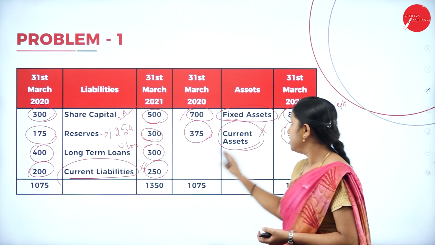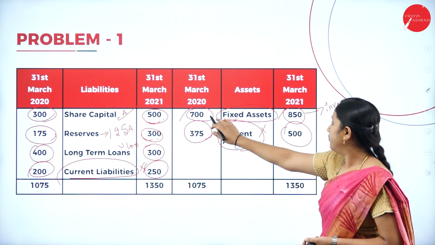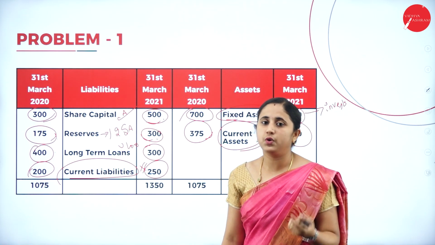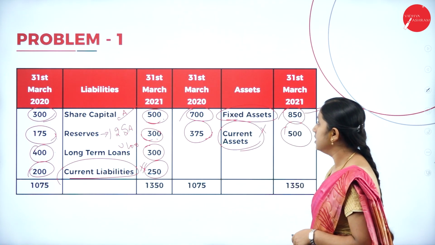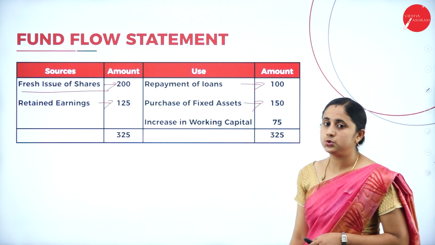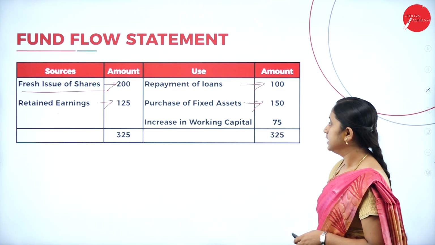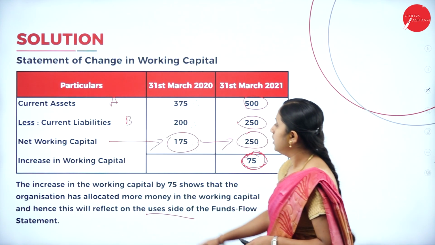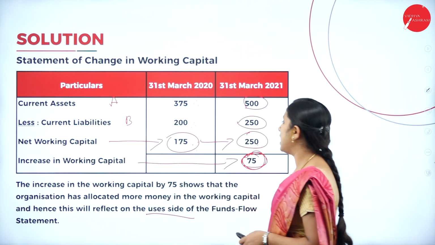From 700 it increased to 850, that means 150 rupees increase. So it comes under purchase of fixed assets 150. Next, from the calculation of changes in working capital, we get an increase in working capital.